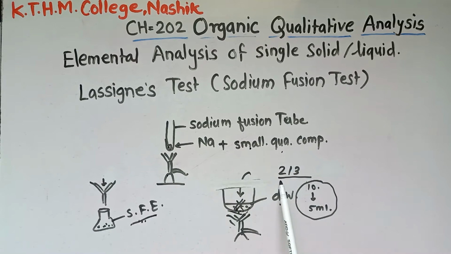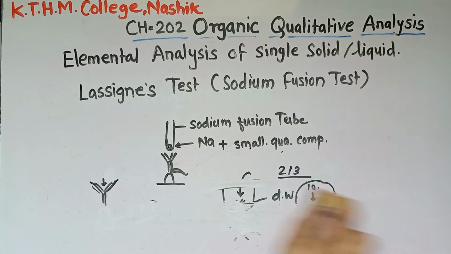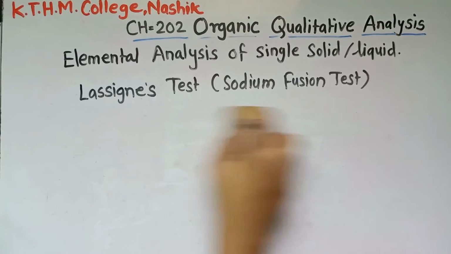After breaking 2-3 tubes, we heat this solution on the burner and concentrate it up to 5 ml, and after that we filter by normal filtration and get this filtrate. It is nothing but the sodium fusion extract. This sodium fusion extract is used for the detection of nitrogen, sulfur, halogen and phosphorus. So we are going to discuss those tests one by one.